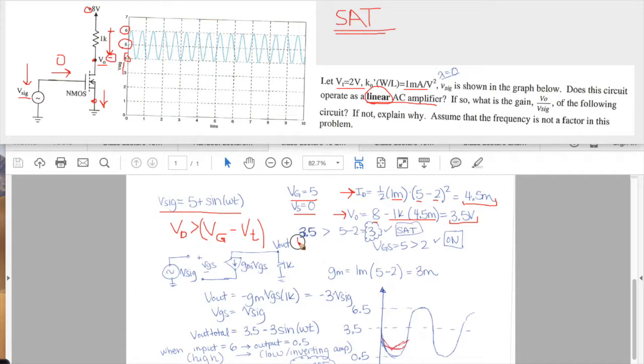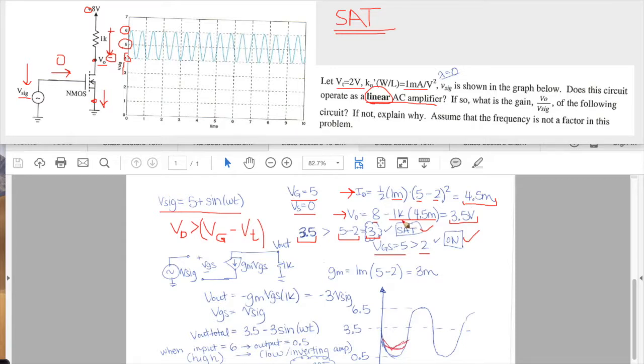Comparing 3.5 with Vg minus Vt, which is 5 minus 2, or 3, the transistor is indeed in saturation. The other thing we need to check is that VGS is greater than Vt, which it is, so it's on. We have verified that the DC values do keep it in saturation.